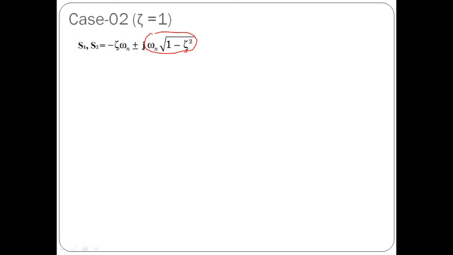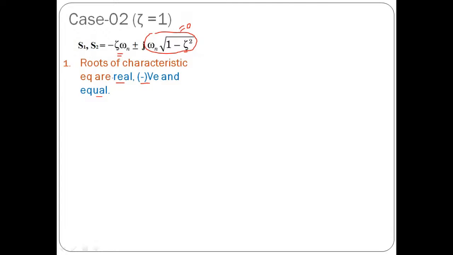So in that case, the poles of the second order control system are real, they are negative, and they are going to be equal. I hope this point is clear to everyone. Put zeta equals to 1 over here. This term is going to be 0, so it has only real part.